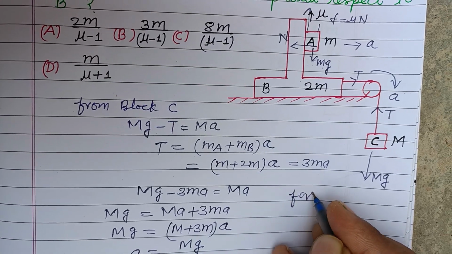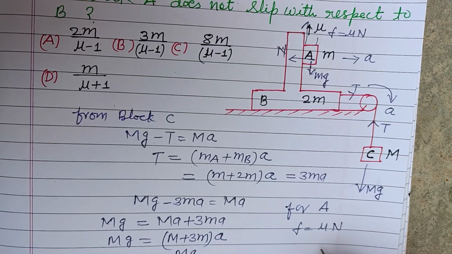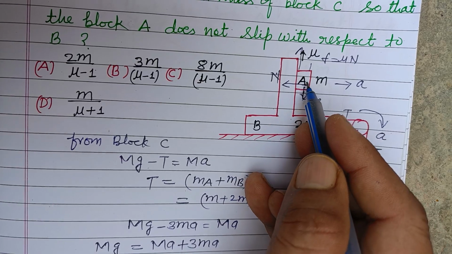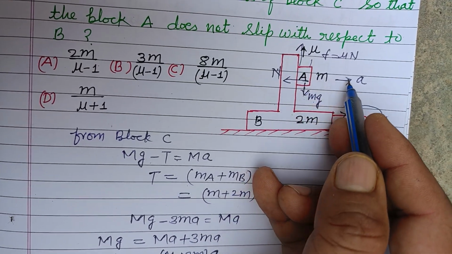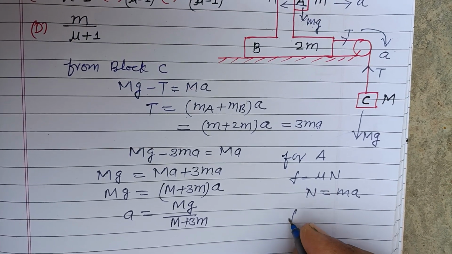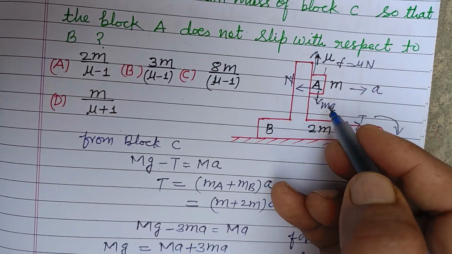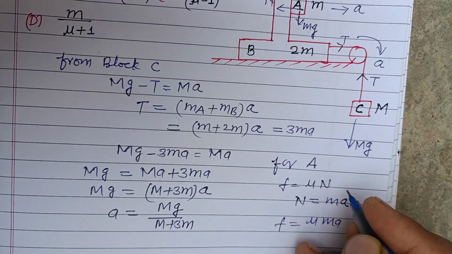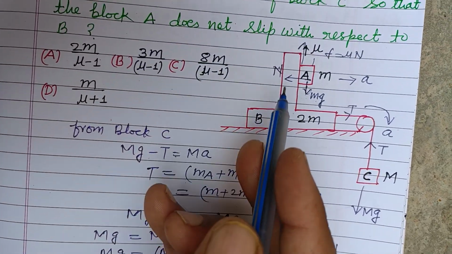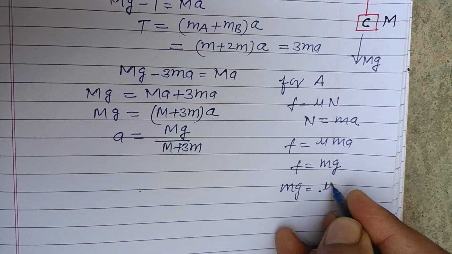So for A, F equals mu N and N equals ma, because this block is moving with acceleration a. So putting this value, F equals mu into ma, and here F is also equal to mg, which balances. Now putting this value, mg equals mu ma.